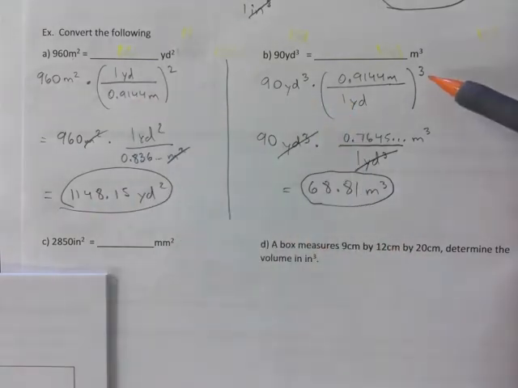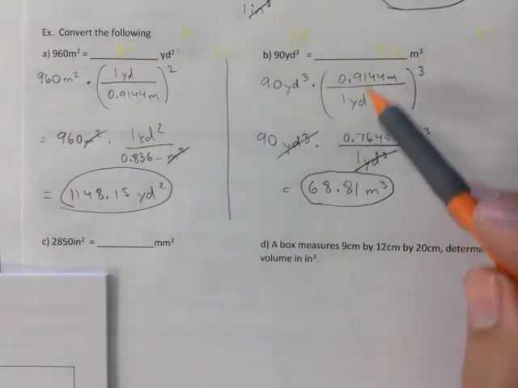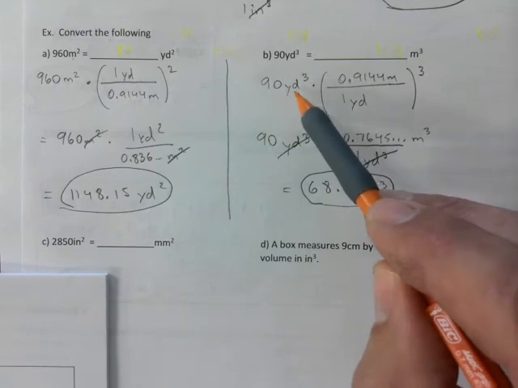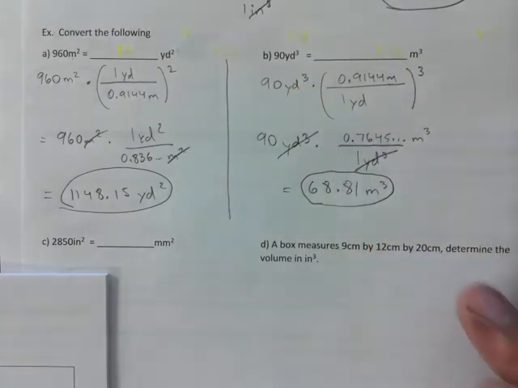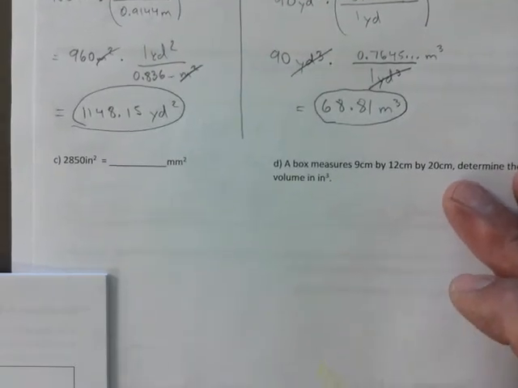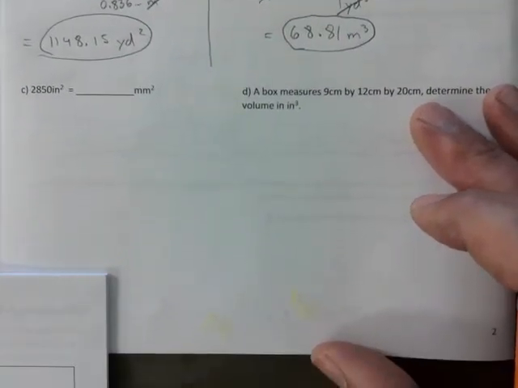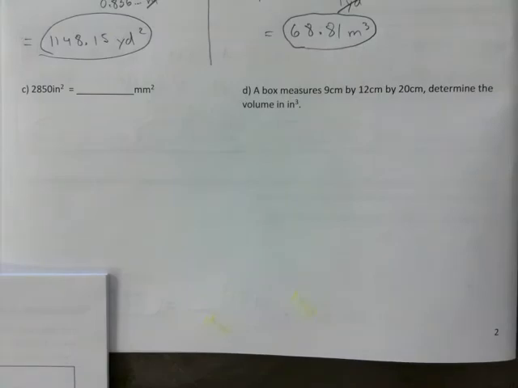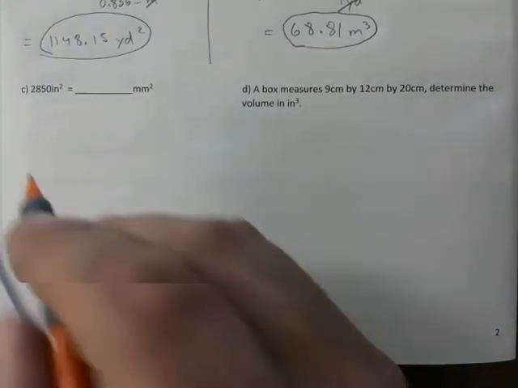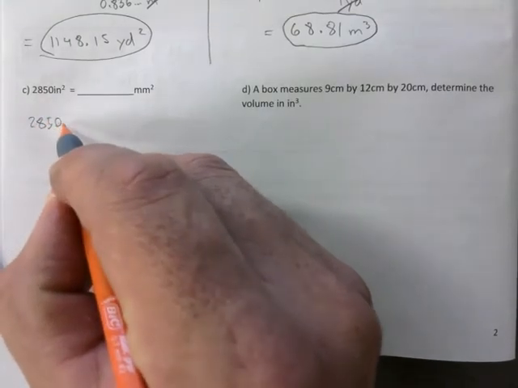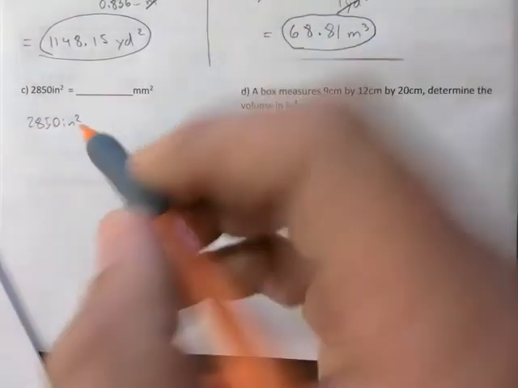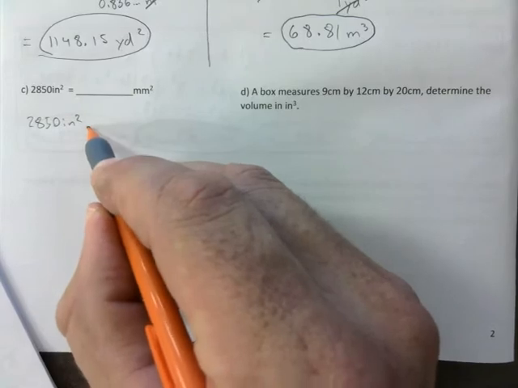One needs to be cubed, one needs to be squared, and also the placement of where you put it has everything to do with how you start, because you want to cancel those out. Yeah, I got 184.1.